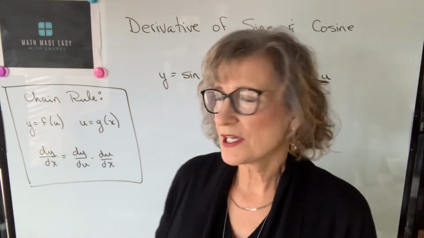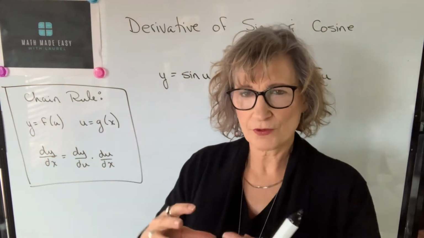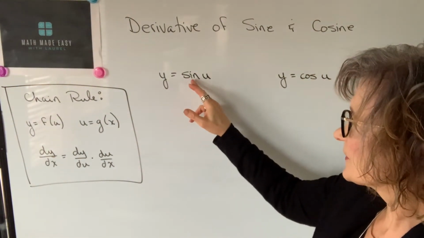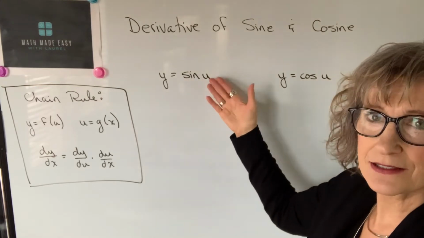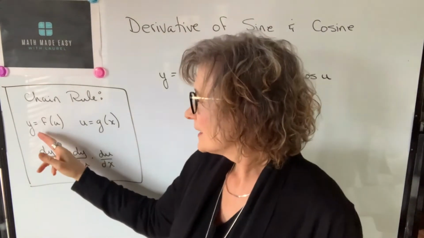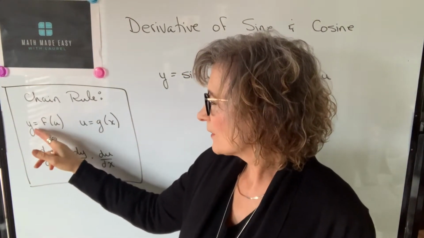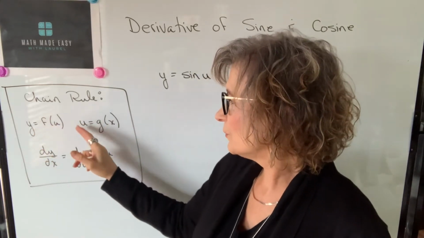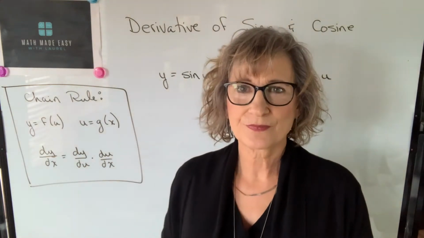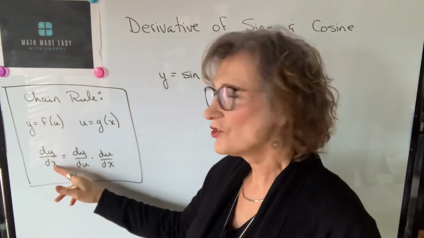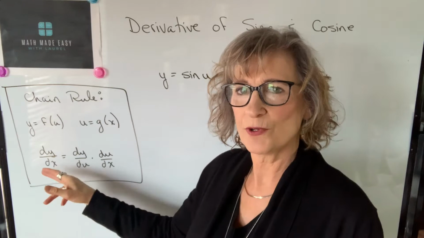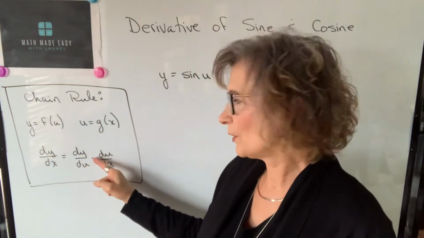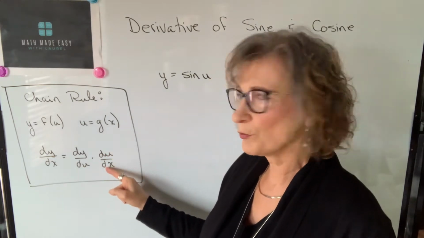The chain rule says that if you have a composite function, so you have a function inside of a function. So for example, we're going to talk about the sine of some function of x, we'll call u. So if we define that composite function as y equals a function of u and u is a function of x, then we can differentiate that y with respect to x by taking the derivative of y with respect to u and multiplying by the derivative of u with respect to x.